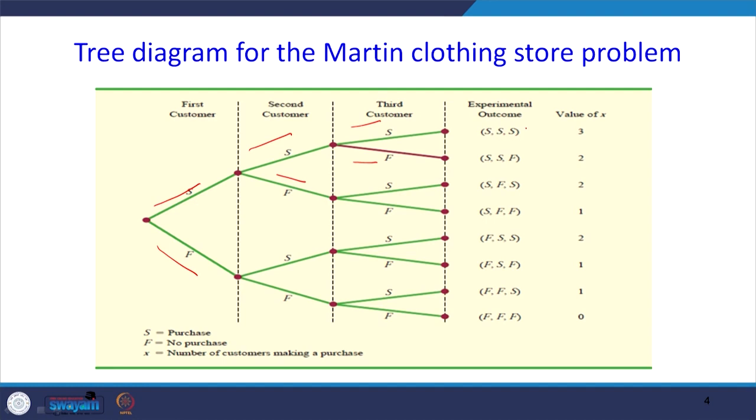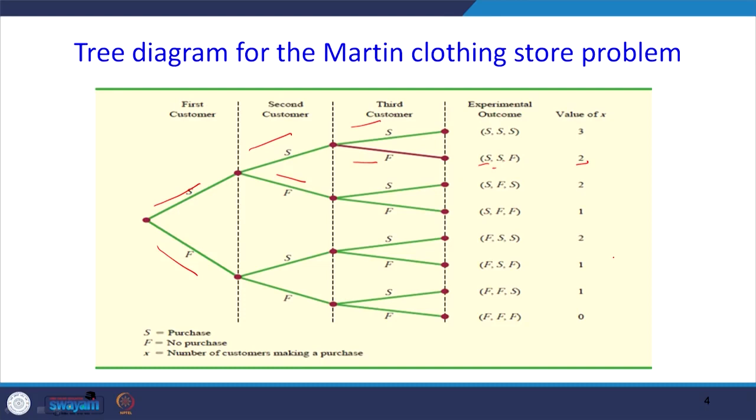If you take x, look at the bottom of the slide. If x equals the number of customers making a purchase, then in this category all 3 customers are going to buy. Look at the second possibility: success, success, failure. So in this, out of 3 customers, 2 customers, yes, yes, are going to purchase. Like this we have displayed all possibilities.